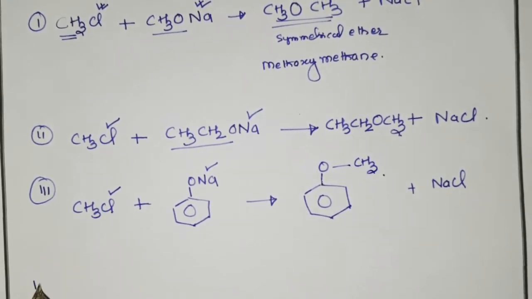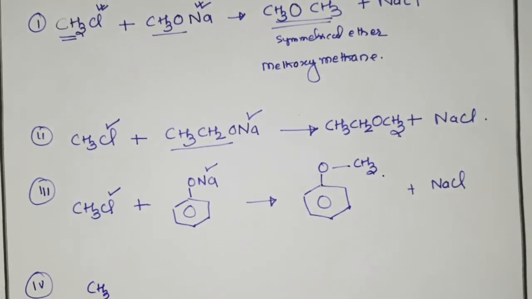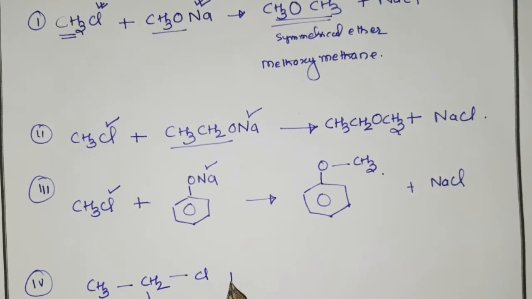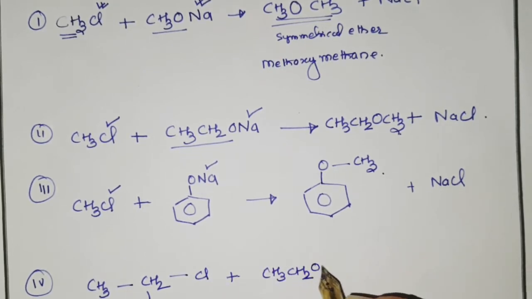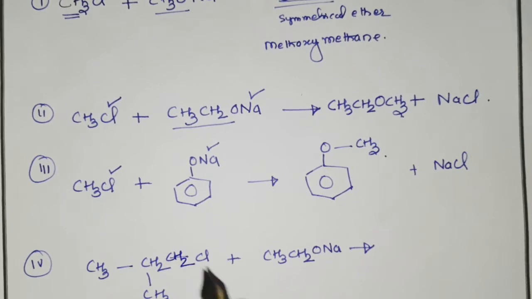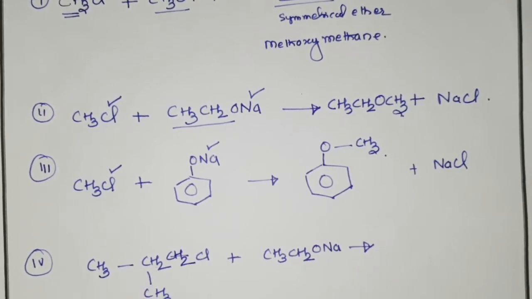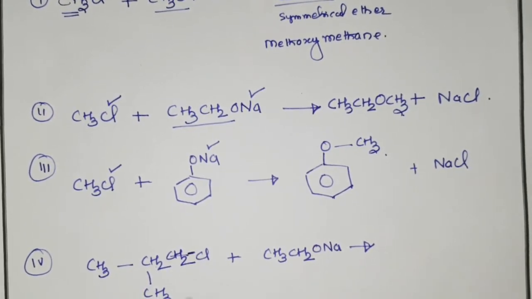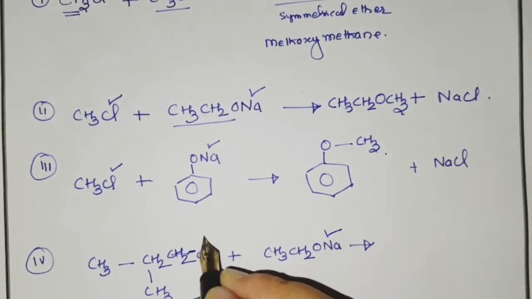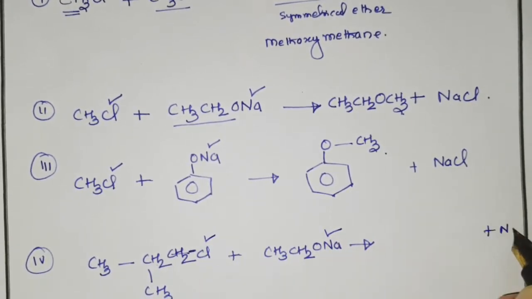Now, if you have CH3CH2CH2Cl and CH3CH2ONa, what is the product? Again, NaCl will be removed as NaCl.